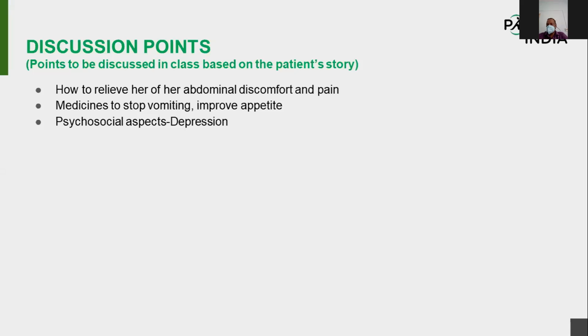Okay. Is it big volume or small volume? Small volume. How many times per day? Any idea, approximately? She was vomiting constantly, I cannot tell you exactly how many times. Whatever she took, she used to vomit.